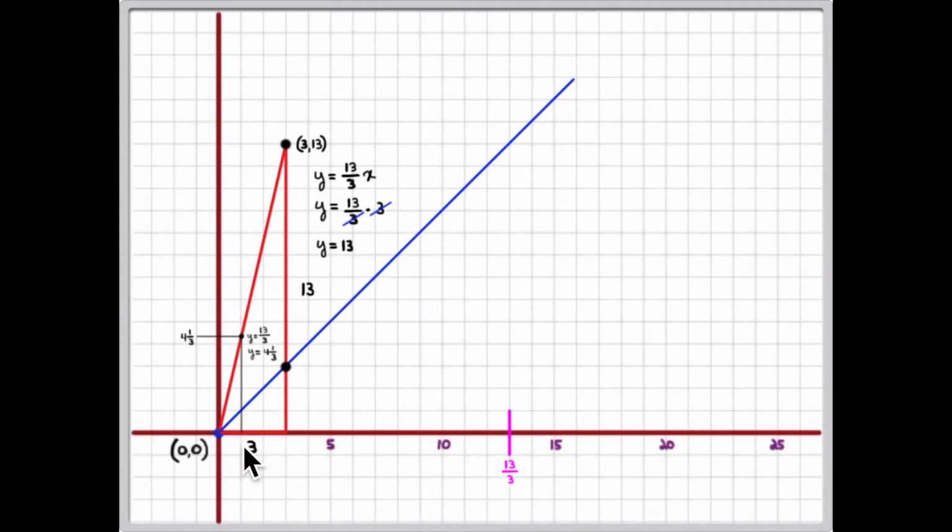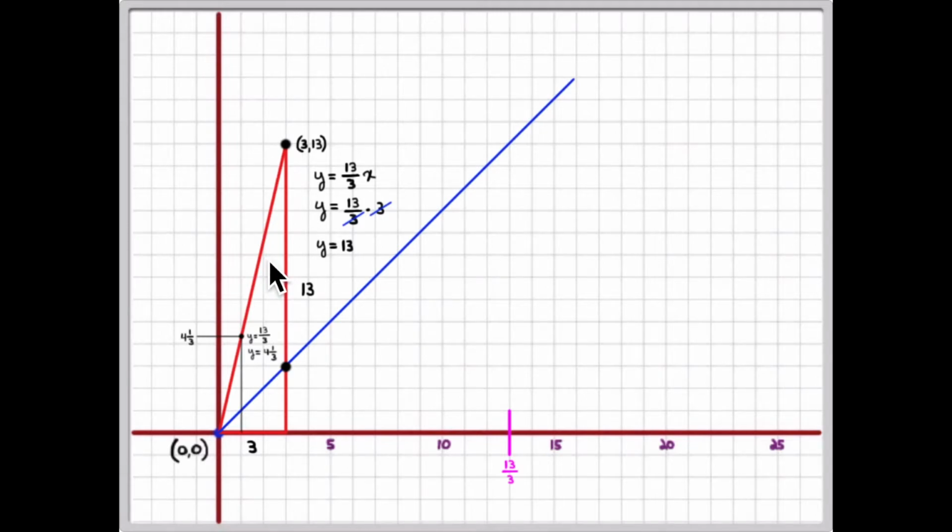Now if x is 1, y is equal to 13/3, because 13/3, or 4 1/3, is 13/3 times 1. If x were equal to 2, y would equal 26/3. Well, 26/3 is 8 2/3.